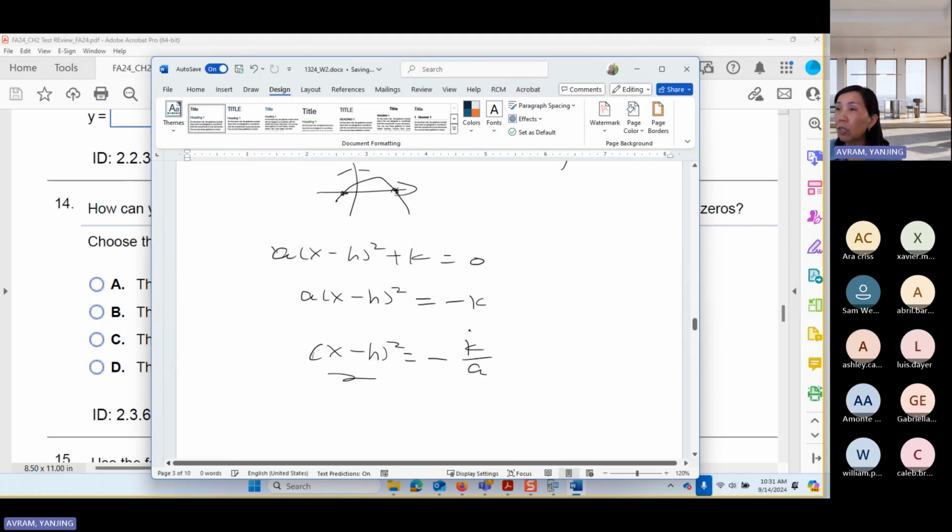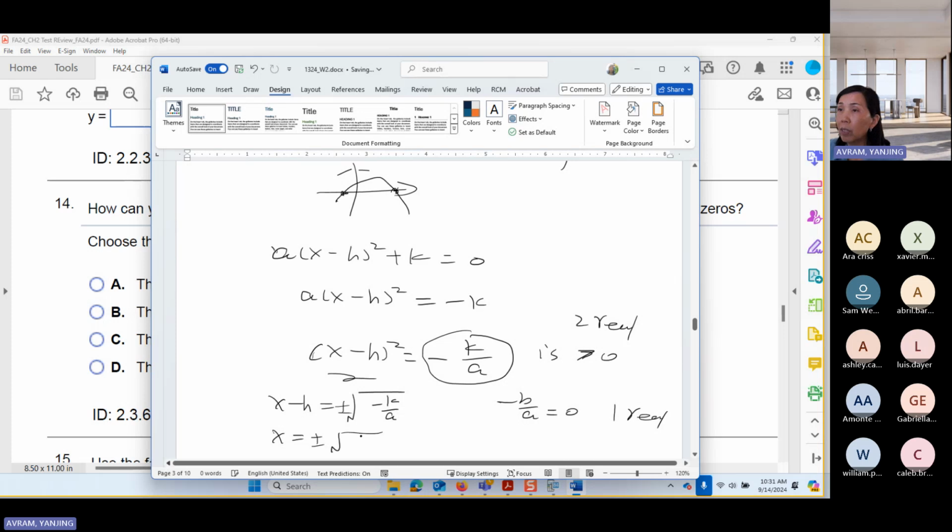And then this whole thing, you want to make sure is greater than 0. If this whole thing is equal to 0, it will be only one real zero. Okay. If this whole thing is greater than 0, we have two real zeros. All right. So we're going to have x minus h, and if you take the square root and solve for x here, you need to have a plus minus, right? Plus minus.